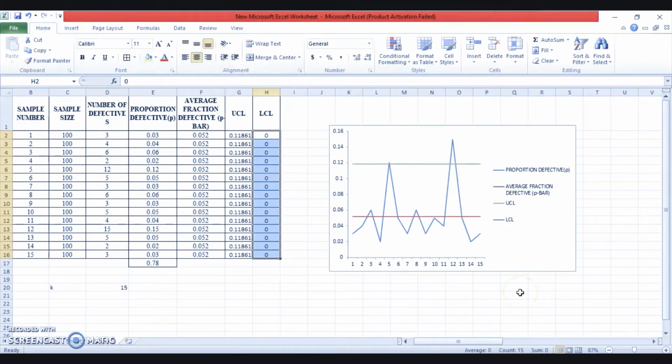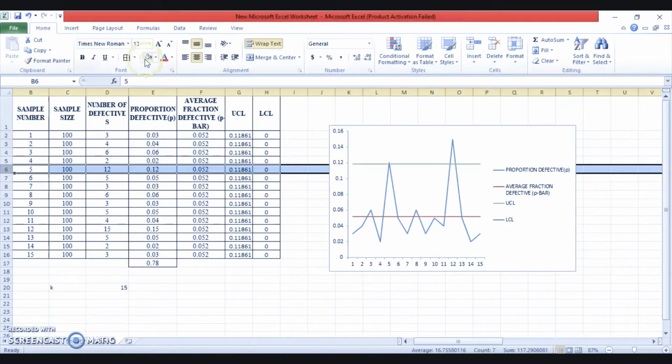Now this chart gives us some idea. We have two points which lie outside the upper control limit. The first is point number 5, which has a proportion of 0.12, because our upper control limit is 0.11 and this fifth point has the value of 0.12.